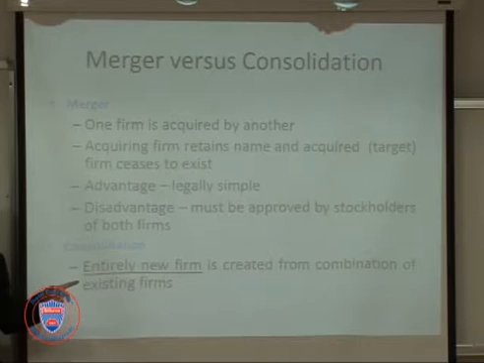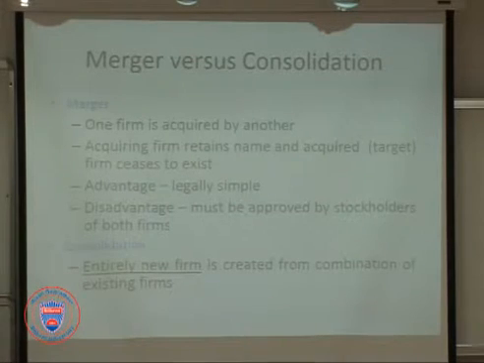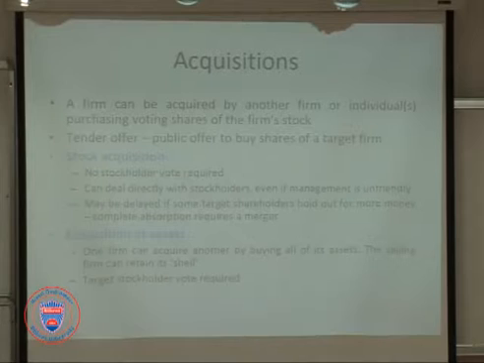And there's consolidation. In the consolidation, A and B merge, and then firm C is created. So an entirely new company is created. Another way is acquisition. A firm can be acquired by another firm by purchasing the votes of the target company.